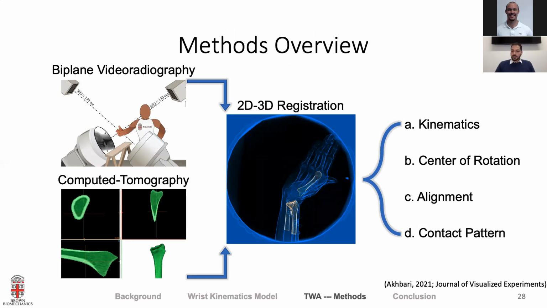To answer these questions, we designed an experiment to study both the implant and healthy wrists in vivo. We recruited 2 cohorts of healthy people and patients with total wrist arthroplasty. We used CT scanning to create 3D bone models and implants, and we wanted the density-based models for our biplane video radiography experiment, because we use these density models to track the wrist movement in the radiographs.